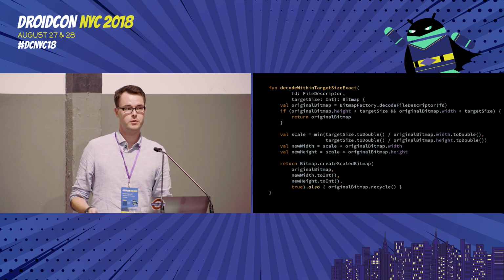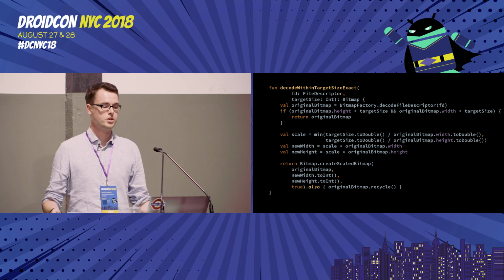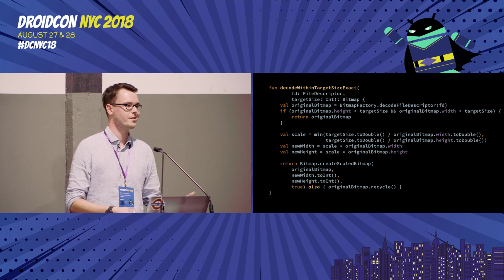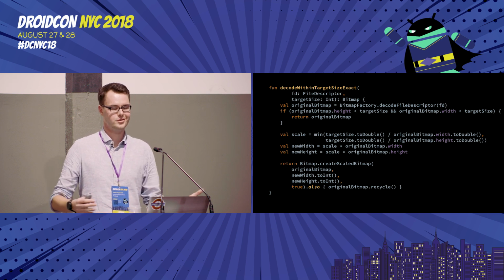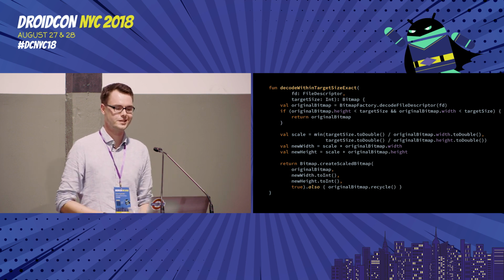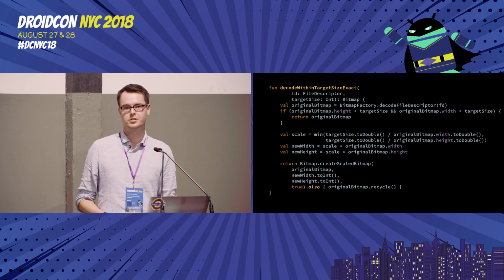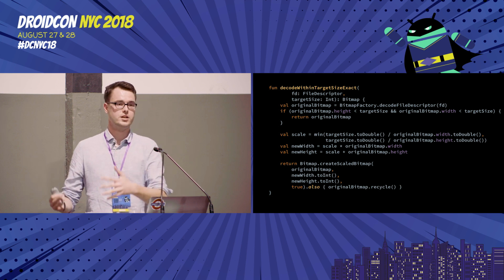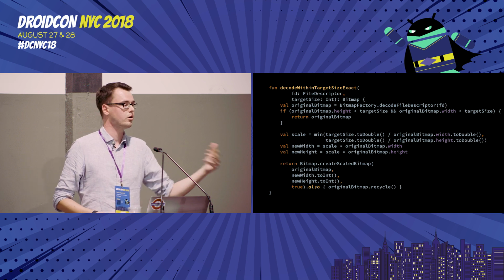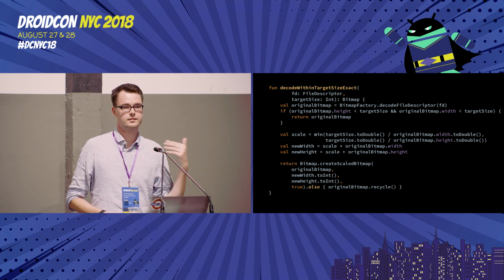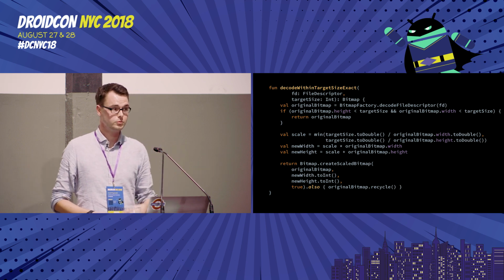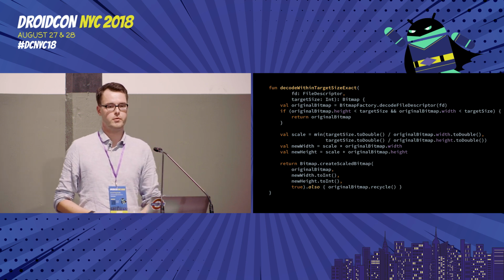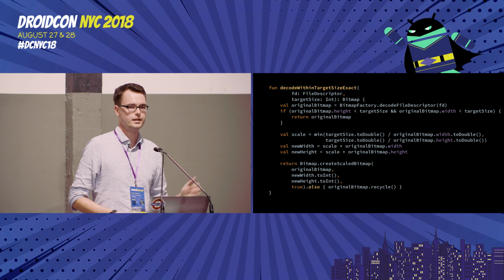The first thing we do is load our image into a bitmap, and then we can do the very easy check if that's already smaller than what we want to have in the end. We can just return and we're done here. Otherwise, we want to calculate the exact dimensions that we need in the end, and then call the aforementioned createScaledBitmap method. Also, just before we return, we can recycle the original bitmap to put it back into that bitmap pool.